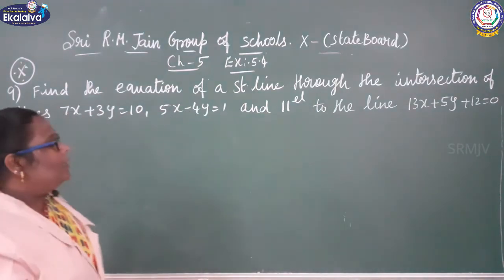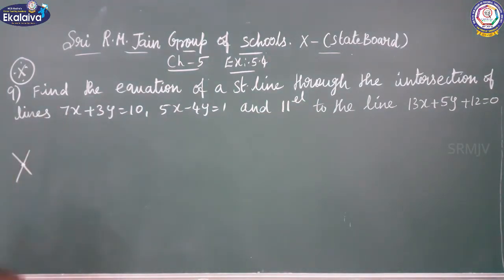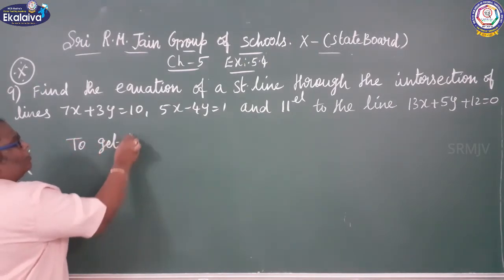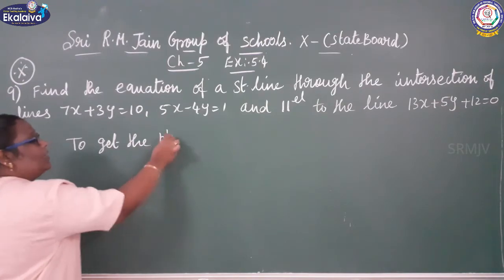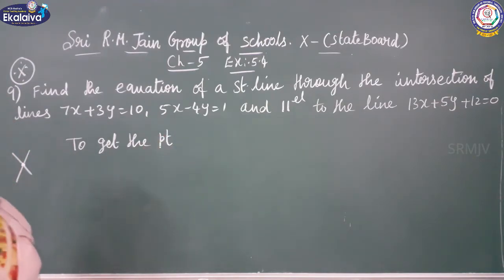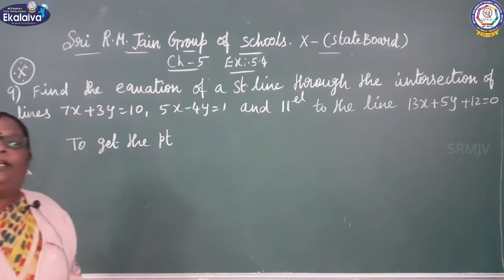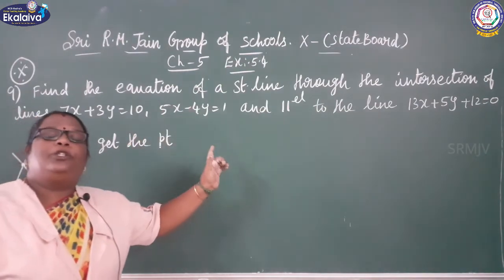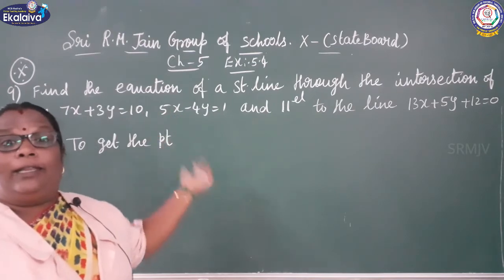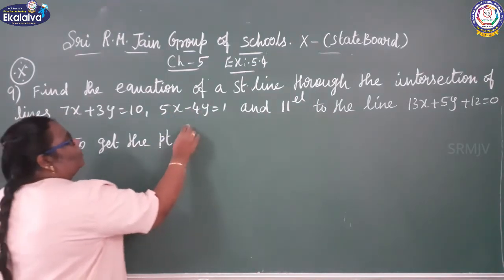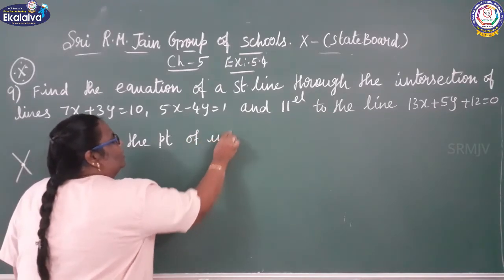If it is perpendicular, the slope is minus 1 by m. Is it clear? See here, to get the point of intersection, when two lines are intersecting at a point, you should first solve the two equations. You know very well, we have done this in algebra.